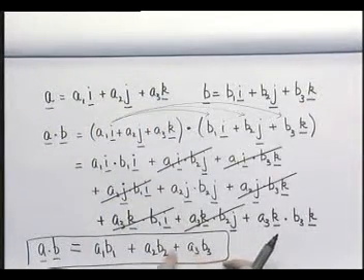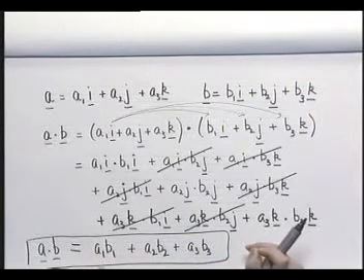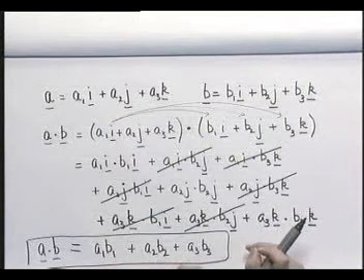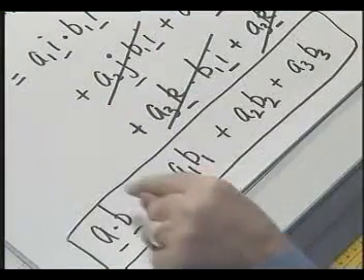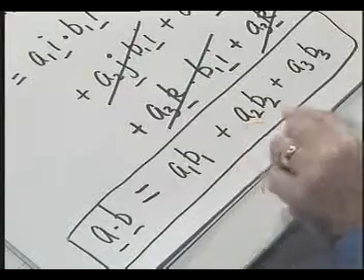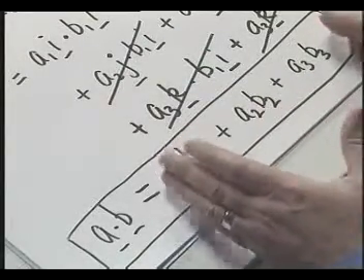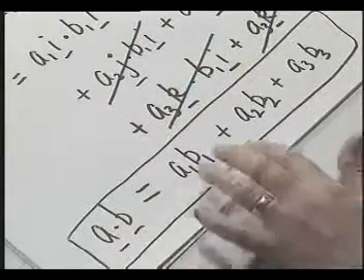And then finally add up these results. So the dot product is the sum of the products of the corresponding components. And you'll notice that the result we get here on the right-hand side doesn't have any i's or j's or k's in the answer anymore. This is purely a number. This is purely a scalar, as we'd expect when we calculate a scalar product.